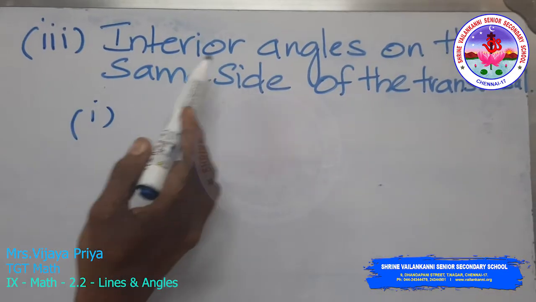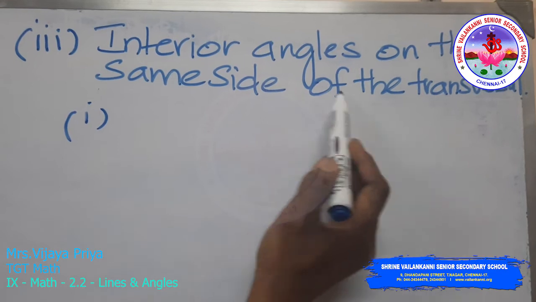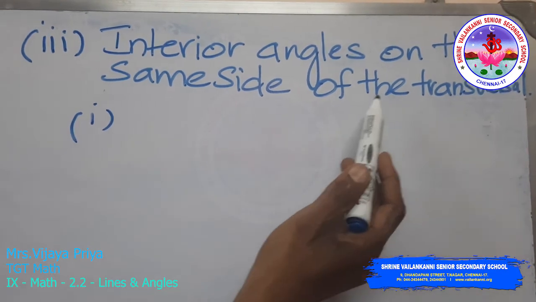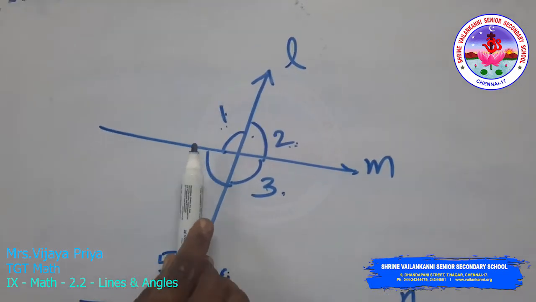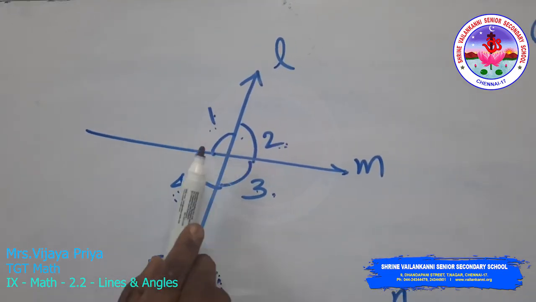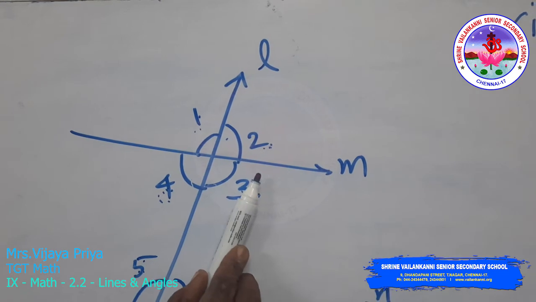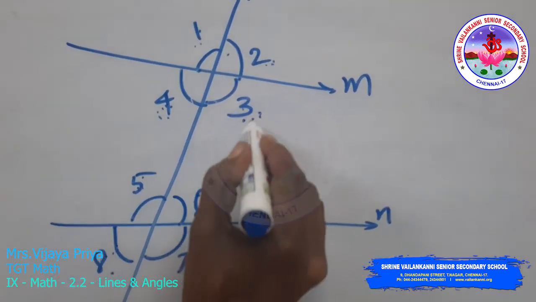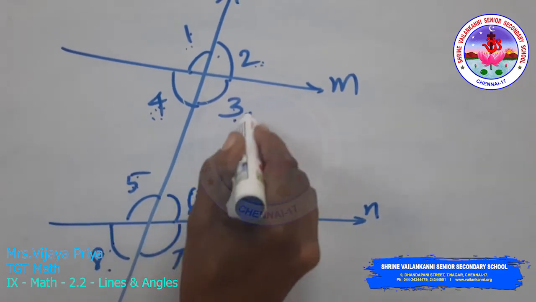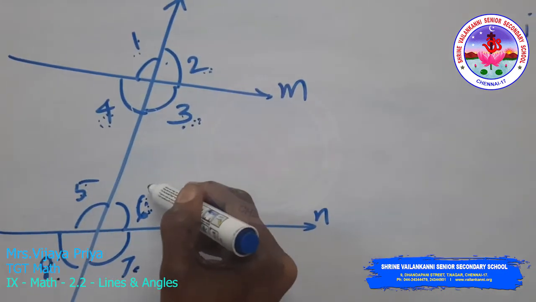The third one is interior angles on the same side of the transversal. From the figure, if I take this side of the transversal, my interior angles will be 3 and 6. So this forms one pair of interior angles on one side of the transversal.